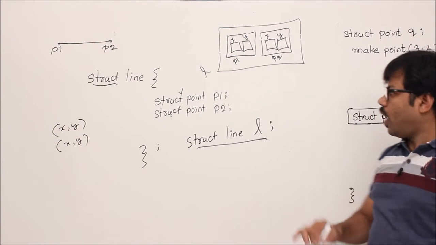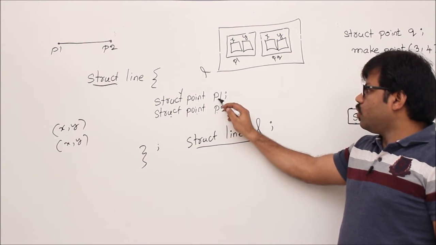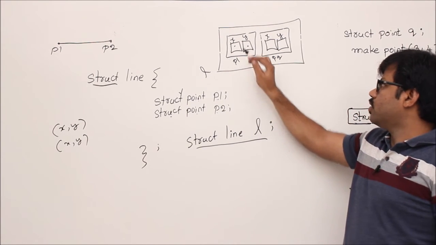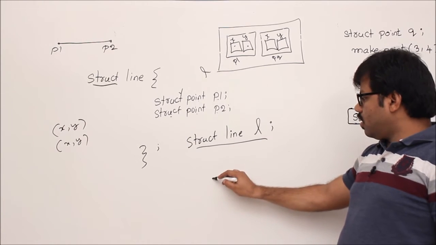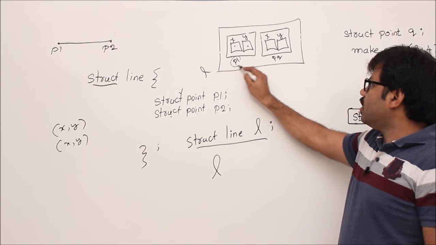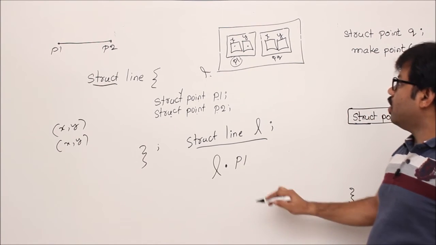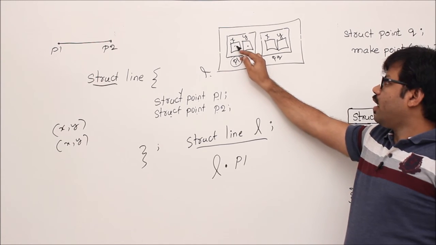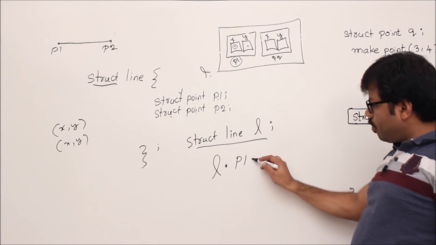Now how to access them? For example, I want to initialize p1, I want to use p1 and fill these two values. What is the syntax? Simple. To go to this box, first refer to L, right? Then p1 is a member of L, so write L.p1. But on that p1 you again want to refer to the member x. x is a member of p1.